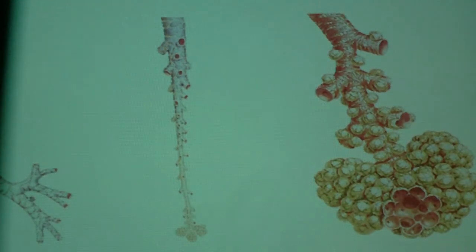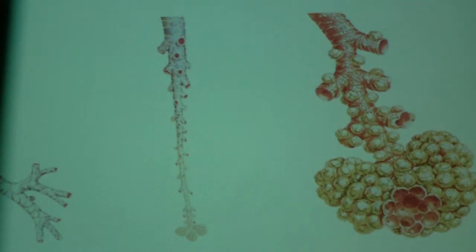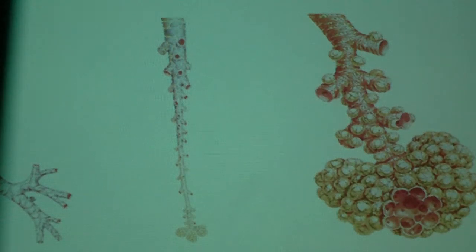The main bronchus is the trachea, and further it splits up in the bronchial tree. It splits up many times until we have microscopic airways, small airways, and they end up in a bunch of alveoli, as you can see there.